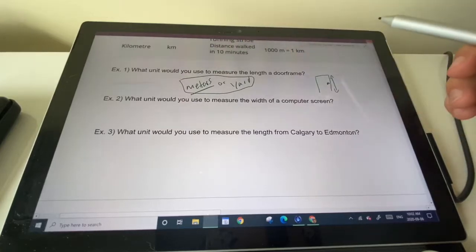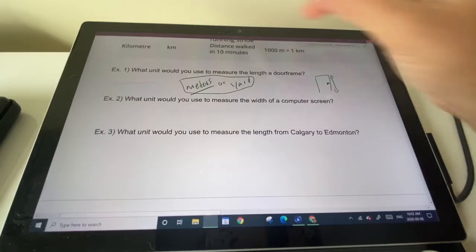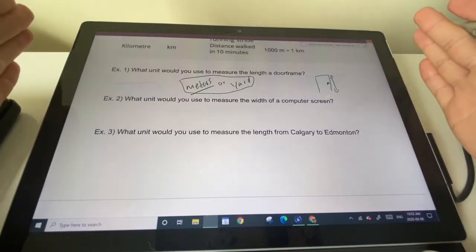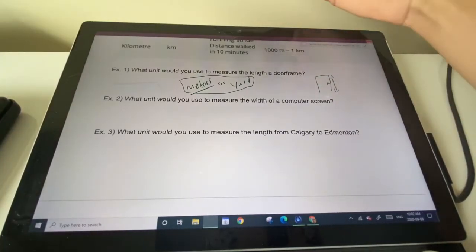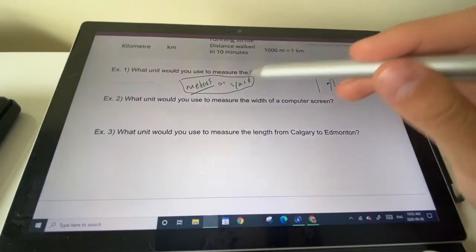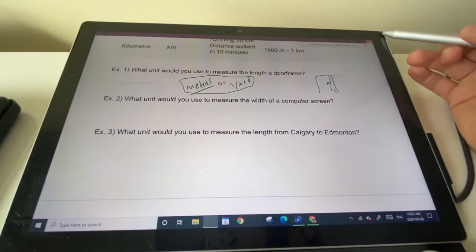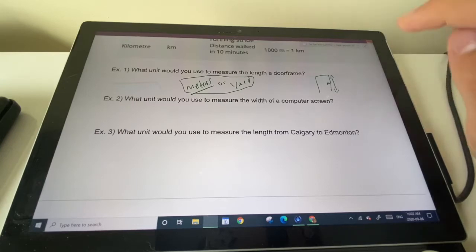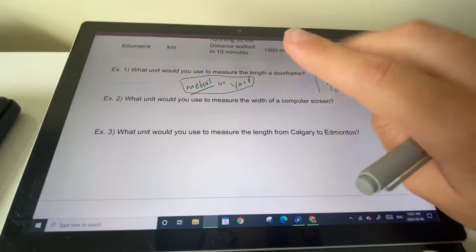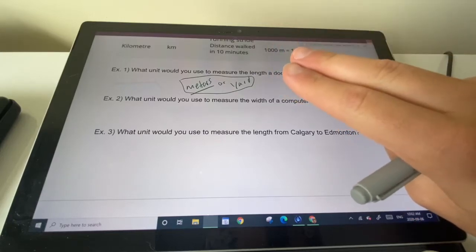Now, what unit would you use to measure the width of your computer screen? Like this screen here, and we can imagine that screens can get this big. They can get incrementally bigger by small units. So I would probably want to measure this in inches. That's because there's usually 12-inch computers, and then you bump a little bit up to 13.5-inch computers.